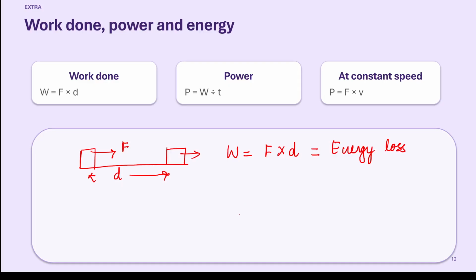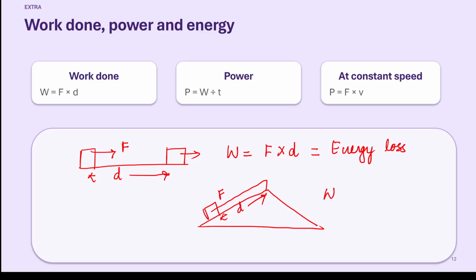Sometimes the work can also increase the energy. For example, if somebody is using a motor to pull something up a mountain, whatever force the motor is applying, it is moving up a distance d, going up a height. Which energy of this body has increased? Gravitational potential energy.